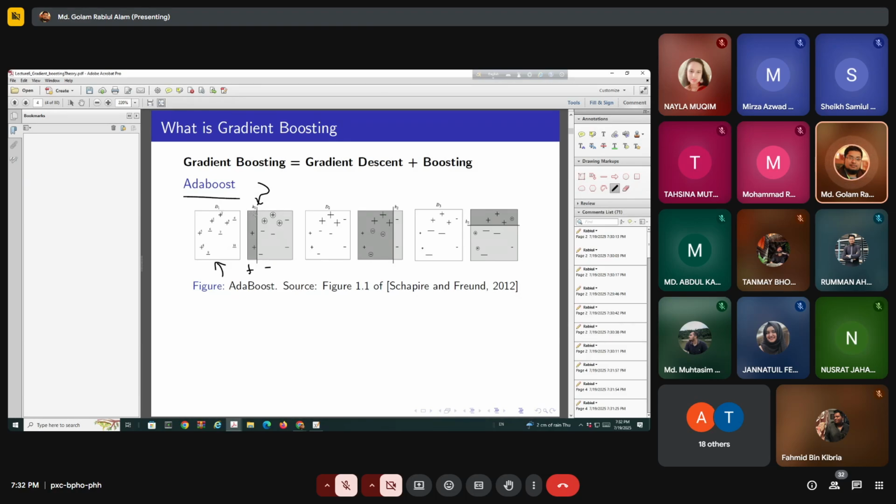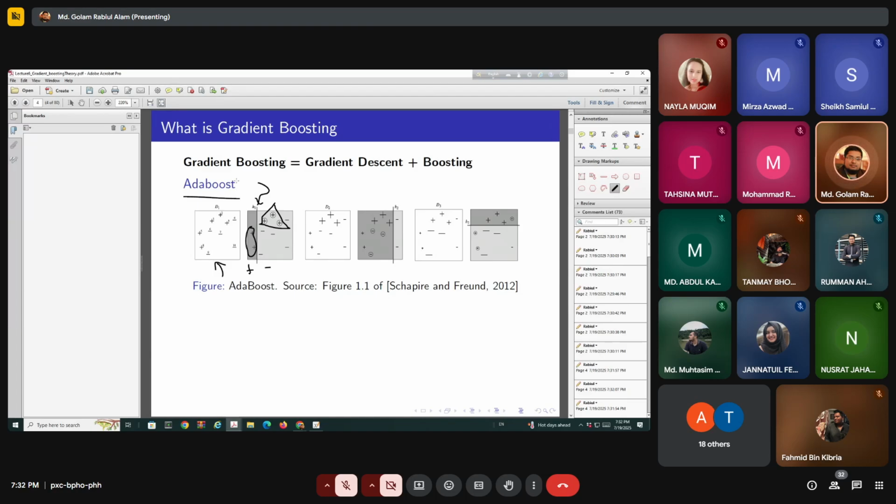Then we can see that the H1 weak learner successfully classifies these two positives, and this side is negative, so we can say these are the misclassified positive instances. But we can see that this weak learner successfully classifies a few of the positives.